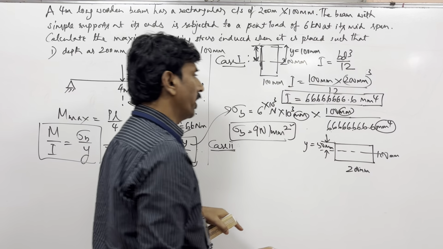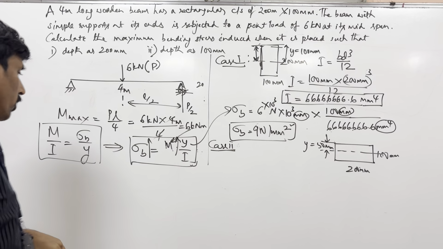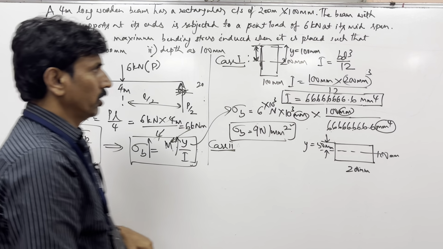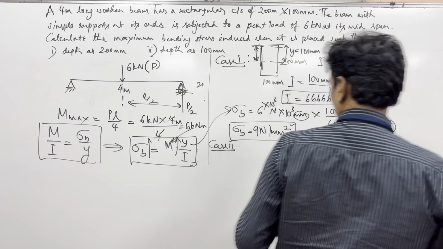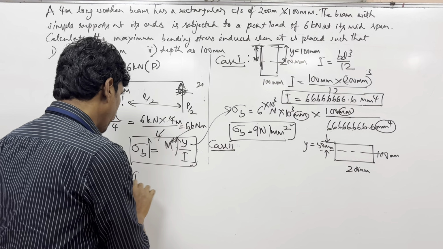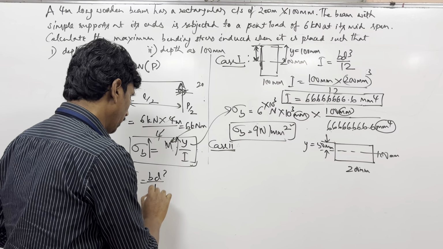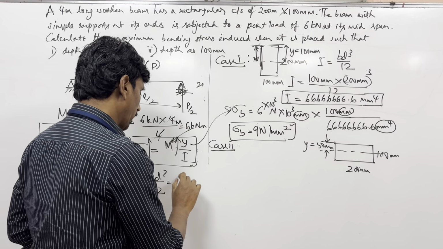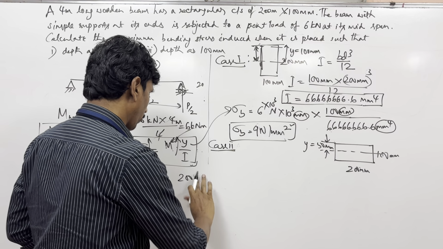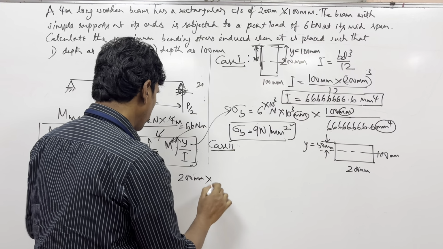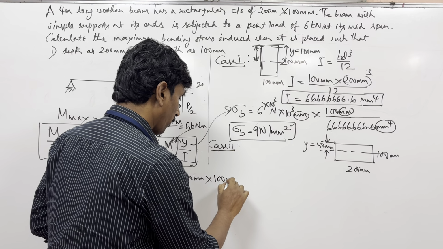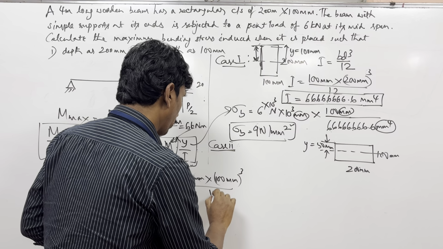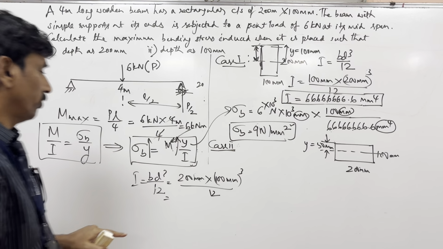So you can find I. I is b d cube by 12. So b for that is 200 mm. Depth is 100 mm. 100 mm whole cube divided by 12. So how much is the answer?